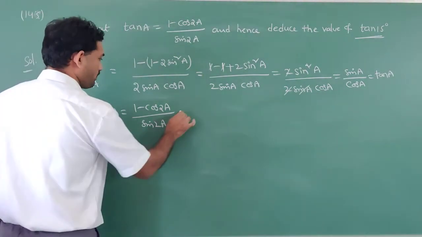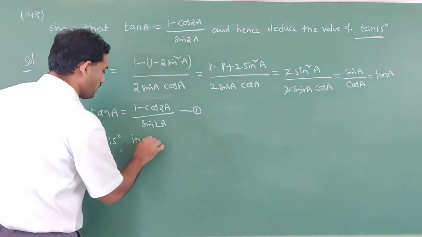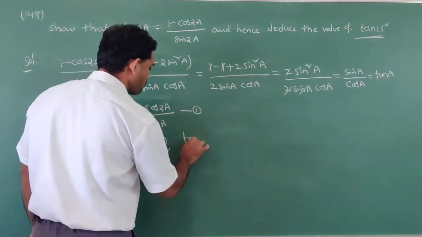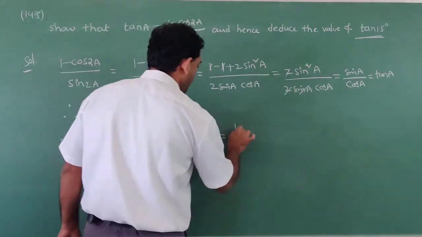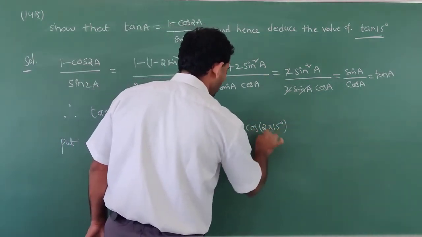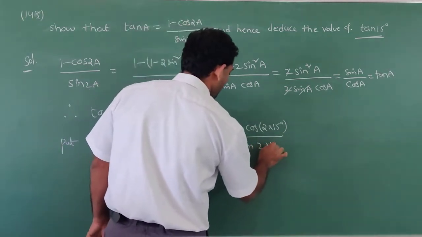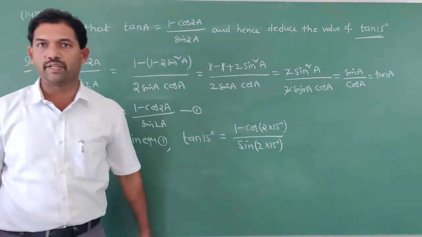In the above, this is equation 1. So in equation number 1, tan 15 degrees is equal to 1 minus cos 2 into 15 degrees divided by sin 2 into 15 degrees.